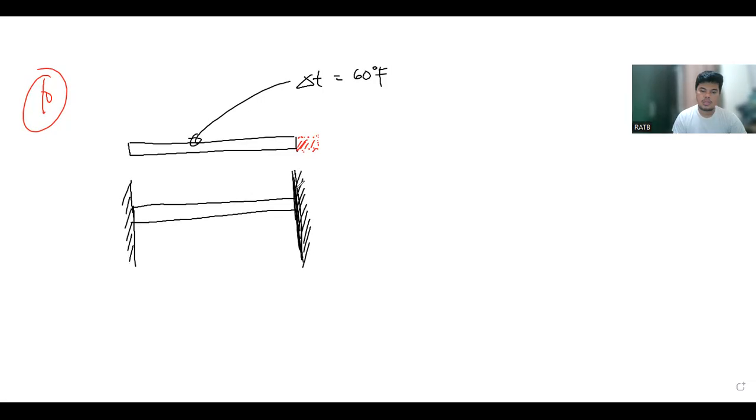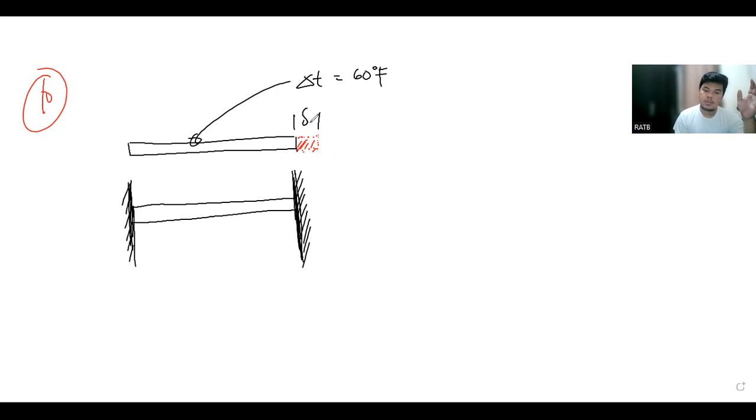So this is the end restraint. It actually holds the bar, and it prevents it from elongation. At the same time, it prevents the bar from constricting. So the bar cannot elongate, and we are asked to obtain the stress.